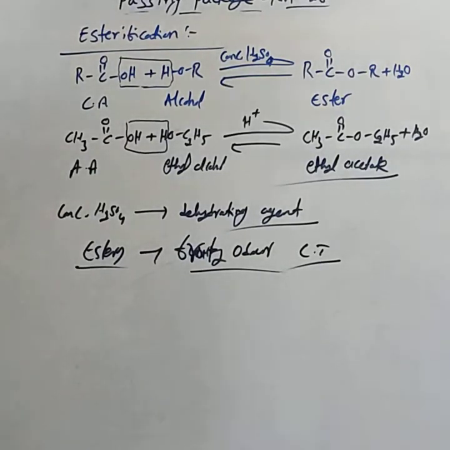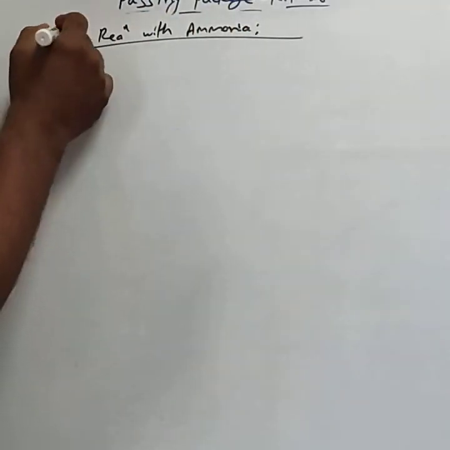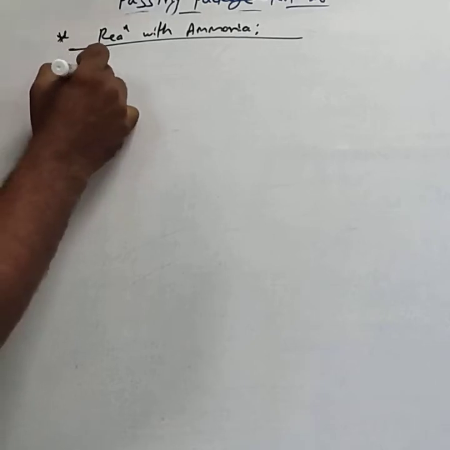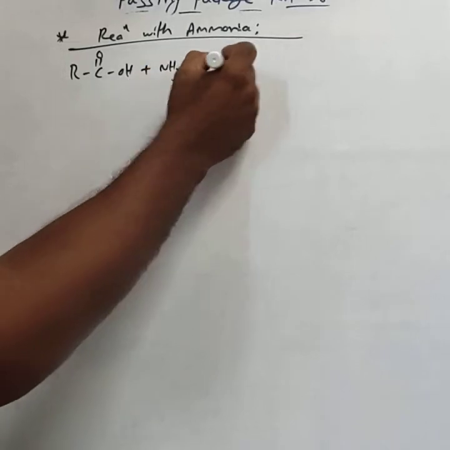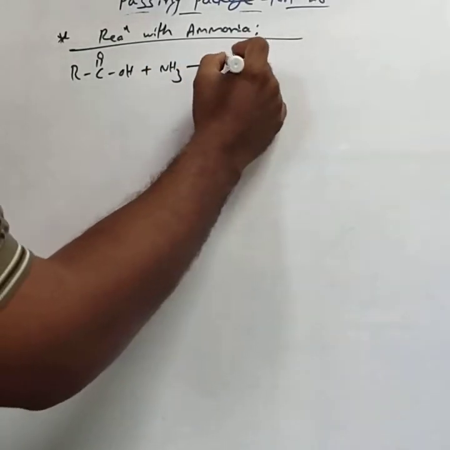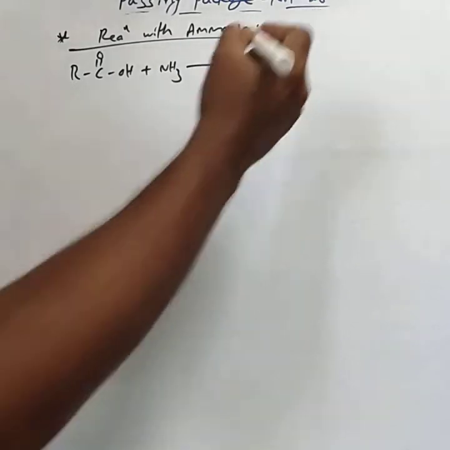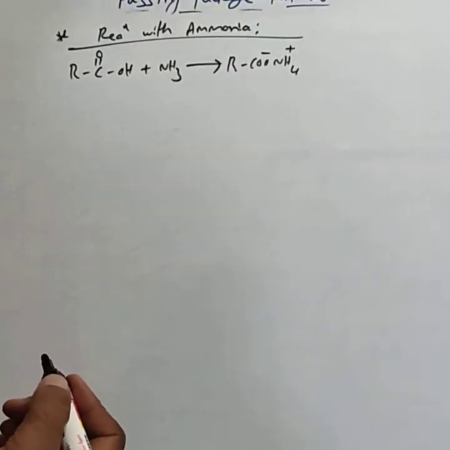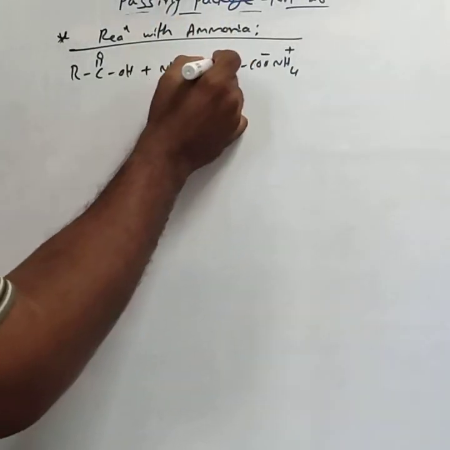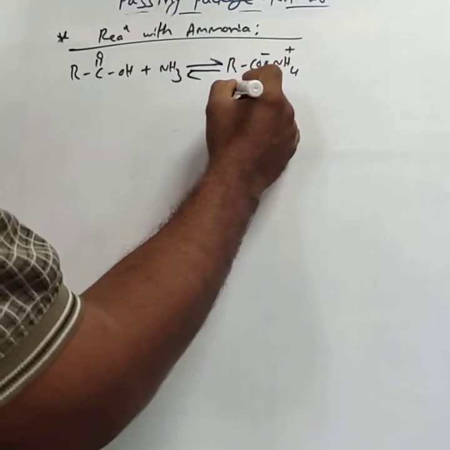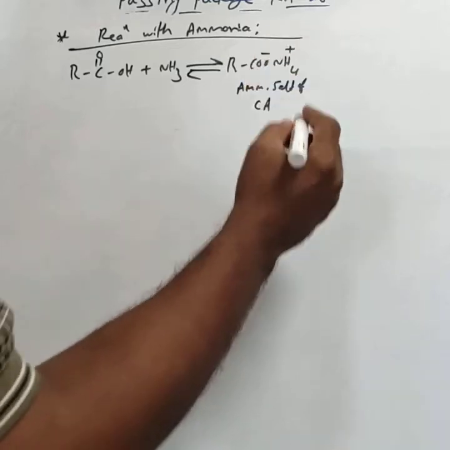Next, consider one more important reaction: reaction with ammonia. This is also one of the important ones. Carboxylic acids react with ammonia, resulting in the formation of RCOO minus NH4 plus, that is, the ammonium salt of carboxylic acid.